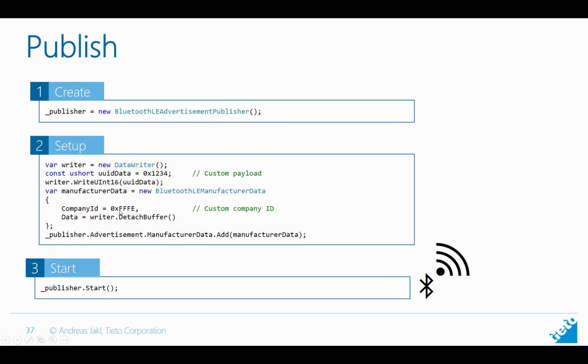So this is one of those unassigned values. If you would be, for example, Apple, you would have a specific ID to put there, and you just write some data to it. And then, you just say, start publishing this message, and that's it. Your Windows device will now start publishing this message using Bluetooth Smart. Really simple and quick and easy.